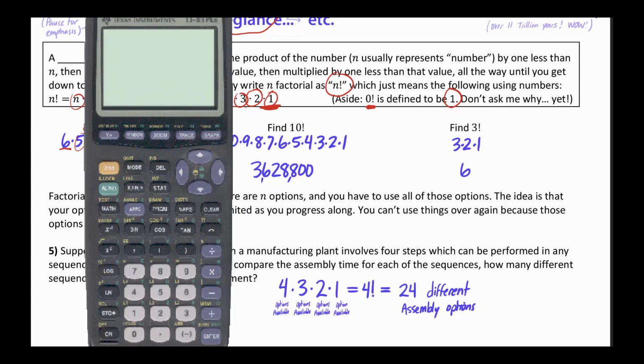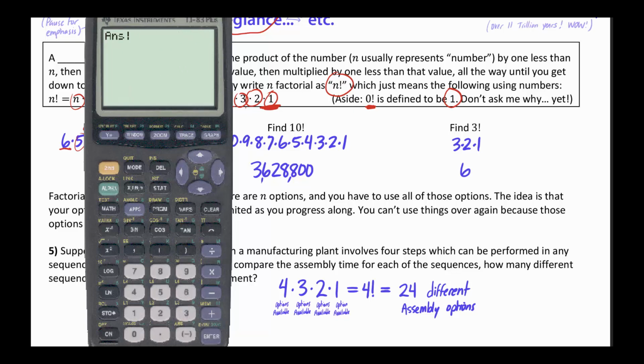Believe it or not, your calculators can actually do factorials for you. Because I suspect some of you with your phone calculators are just typing away, and what happens if you hit one wrong button? It can really ruin your whole answer. So if you go to your calculator and hit math, you have math, numbers, complex, I believe, and then probability. Arrow over to probability, and you can see the fourth option down is the exclamation point.